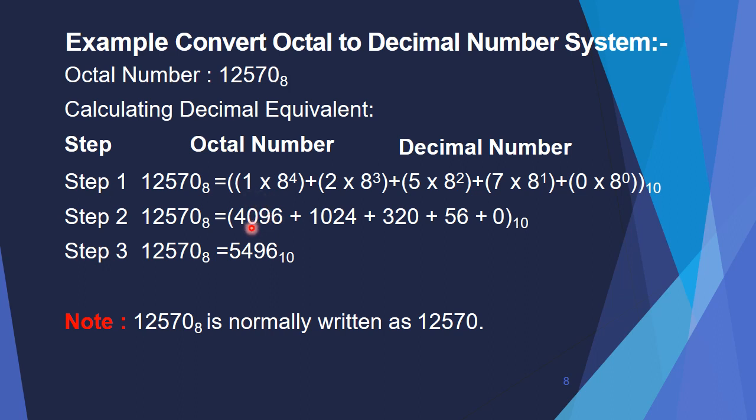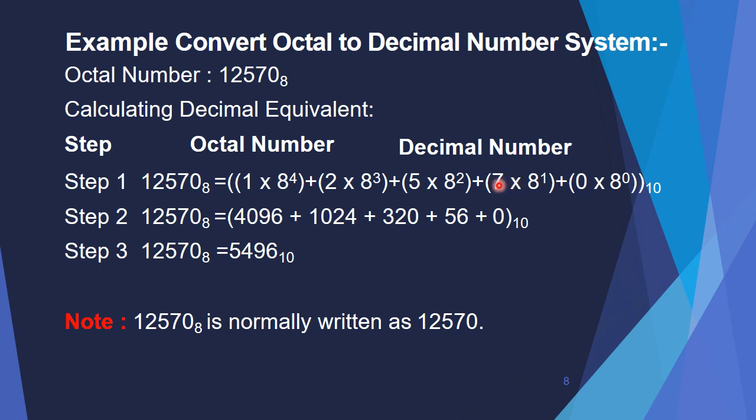Into 1 is how much? 4096. And then plus 8 to the power of 3 is how much? 8 into 8 into 8, 8 multiplied 3 times, and then times 2 is 1024. And then plus 8 to the power of 2, that is 8 into 8, and multiplied by 5, it comes to 320.